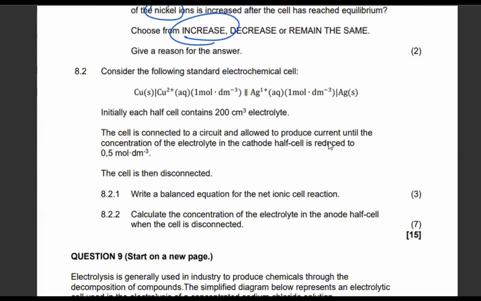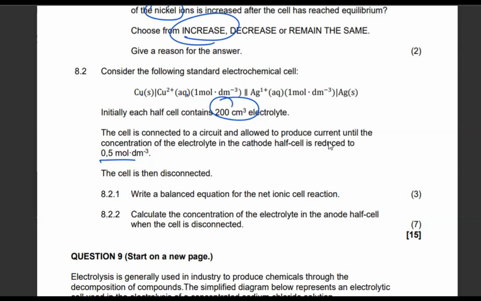Then they say consider the following electrochemical cell. Initially it had this volume of electrolyte. The connected circuit was allowed to produce current until the concentration changed. Then the cell is disconnected. Write the balanced equation for this reaction.